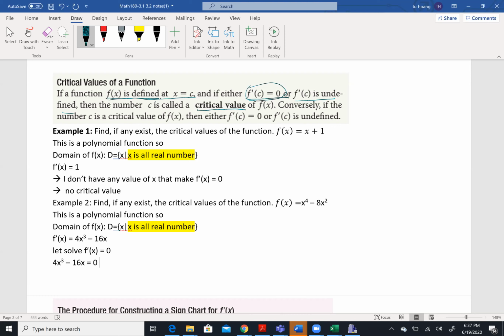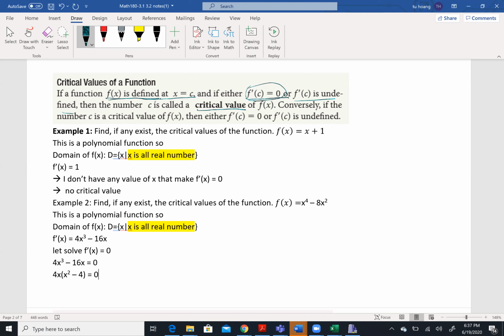In this case, you need to factor. You need to think right away about whether you can factor something here. Yes, both terms have a common factor of 4x. When you factor 4x out, you're going to have x squared for the first term minus 4 for the second term, equals 0.